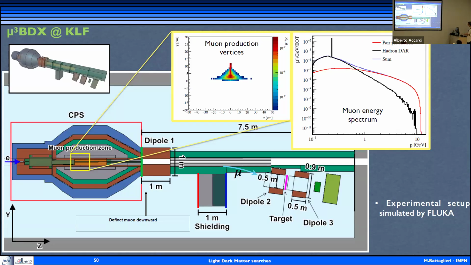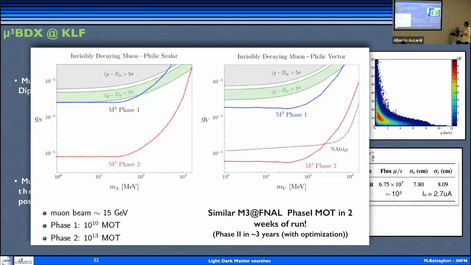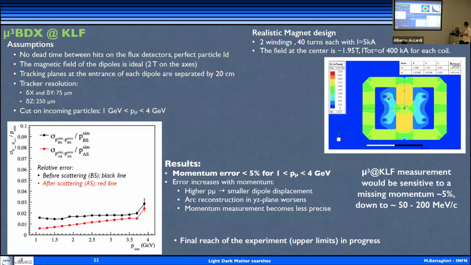Then you have a calorimeter behind, again electromagnetic and hadronic, in order to be sure that if you are in an elastic interaction of the muon, you will be able to spot the energy and momentum lost in the other two detectors. Again, the technology is the same, just using muons. Okay, skipping details, the sensitivity can be very high to that.